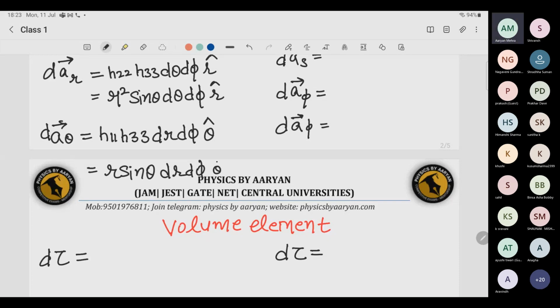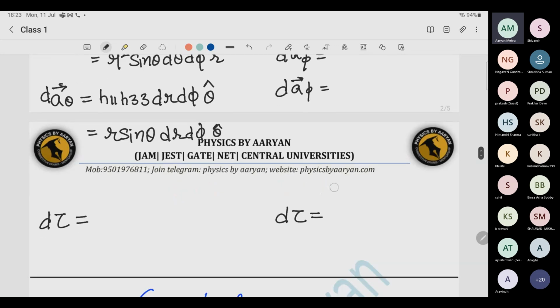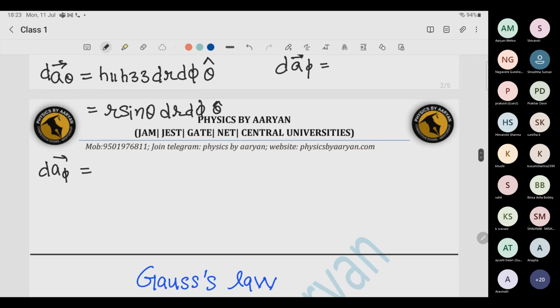So now I am not helping you at all. Make dA phi entirely yourself, meaning the small area when phi is fixed. First tell me the general form. What do I need to write here?